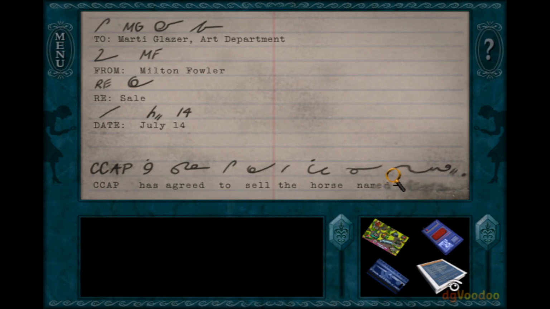We've got an upward curve here and a downward curve. And then there's this. So that's kind of like the C, but instead of curving down, it curves up there.